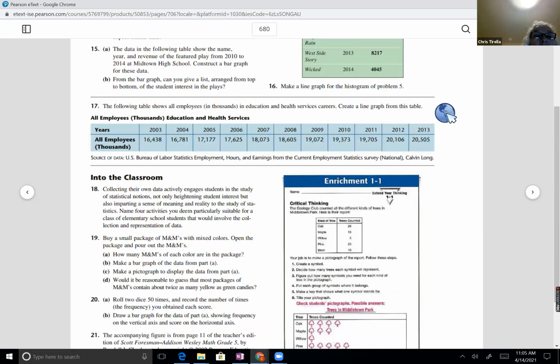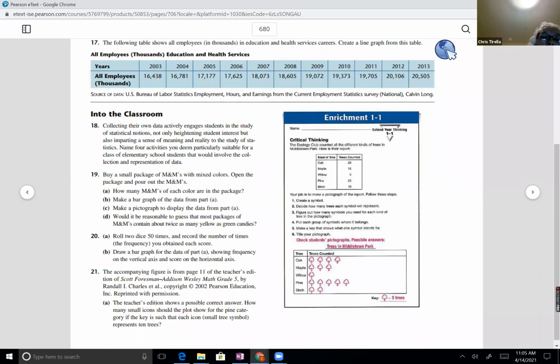Okay, question 18 says collecting their own data actively engages students in the study of statistical notions, not only in heightening student interest, but also in giving a sense of meaning and reality to the study of statistics. So what they're saying there is, it's real easy to pick the examples from the textbook and use the numbers that are in the textbook, or just to provide numbers for kids to use for statistics.